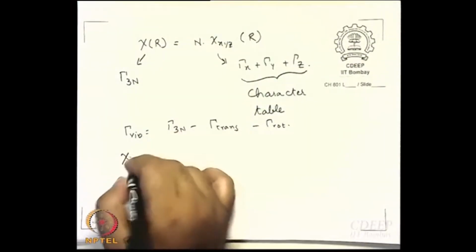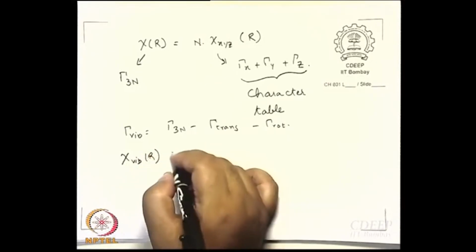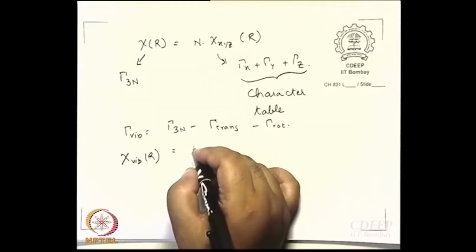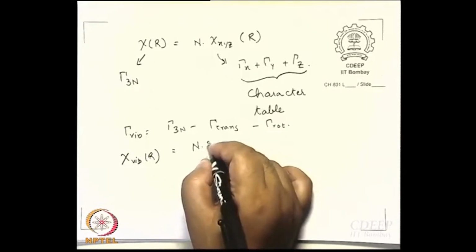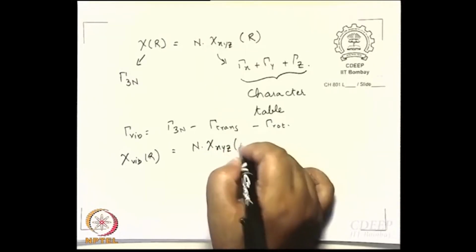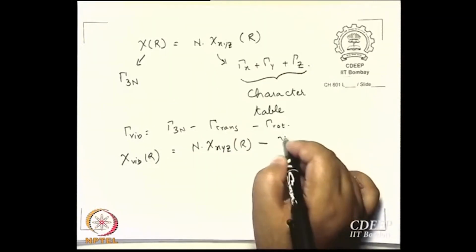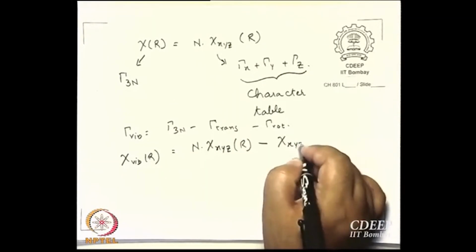What I can say now is that chi vib R is equal to n into chi x y z of R minus, will you allow me to write chi x y z R once again?